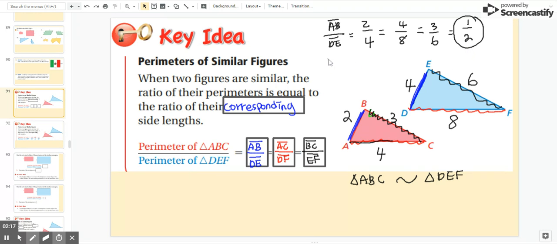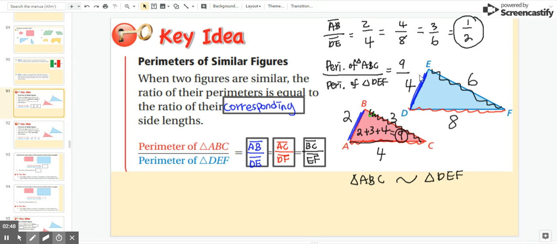So let's just check. What's the perimeter of this red triangle? It's 2 plus 3 plus 4, which is 9. So the perimeter of triangle ABC is 9. And I'm going to find the perimeter of triangle DEF.